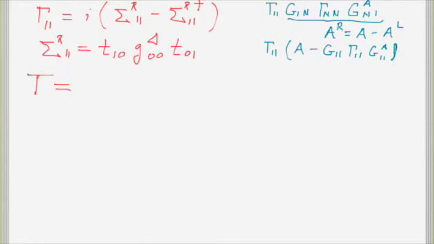That's the form I'm looking for. So this is equal to gamma 1,1 times A, which would be negative 2 imaginary G_11, minus G_11 gamma_11 G_11 dagger.